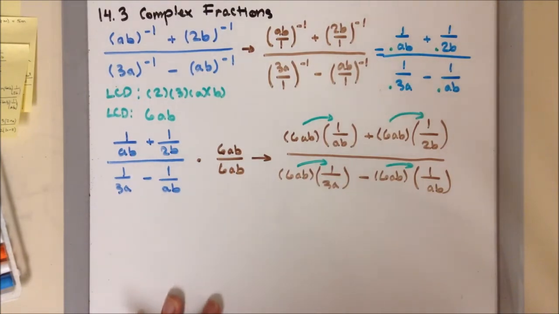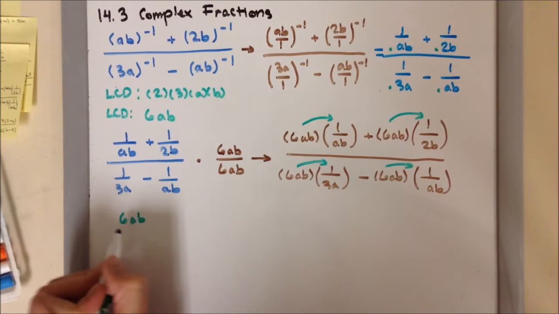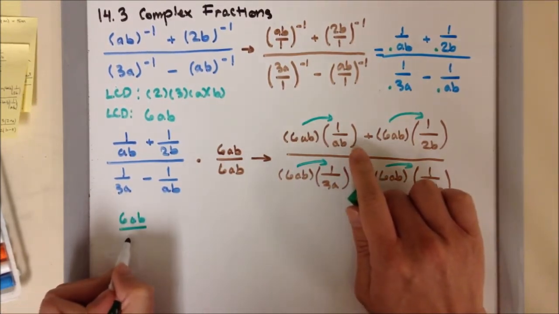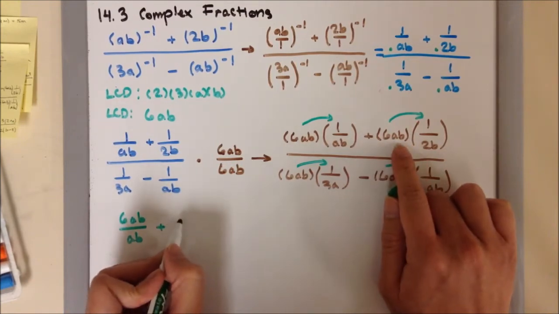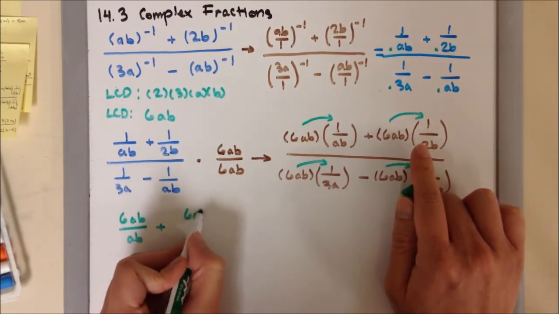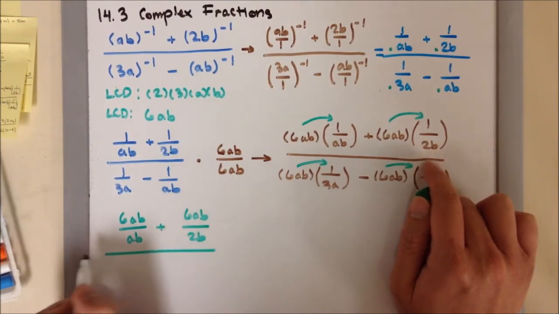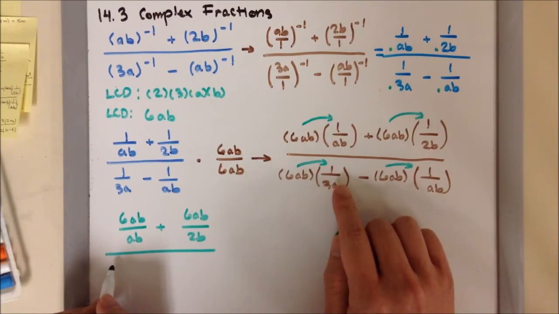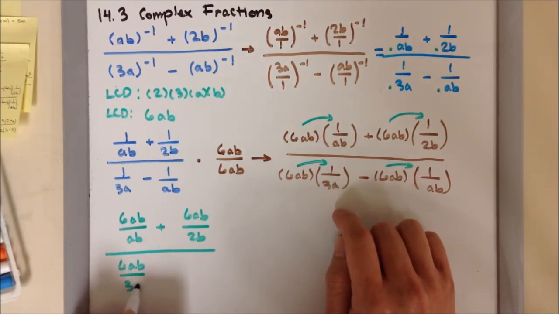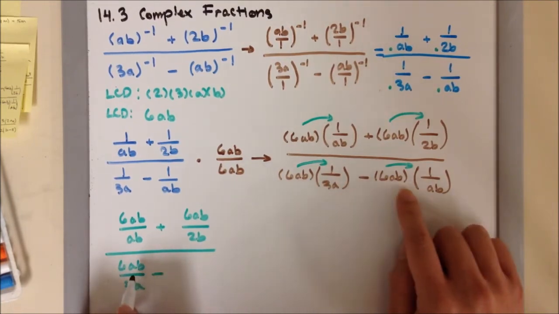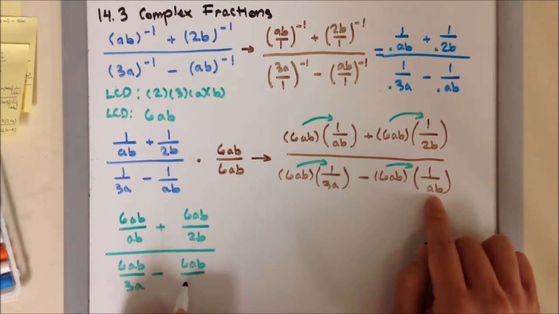So when I multiply the 6AB to the numerator, I'm going to have 6AB over this AB, plus 6AB times the numerator, so 6AB over 2B. 6AB times 1 over 3A is 6AB over 3A, minus 6AB times the numerator, and then it's over AB.